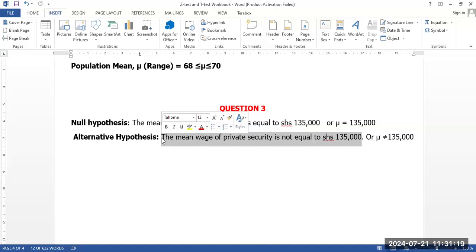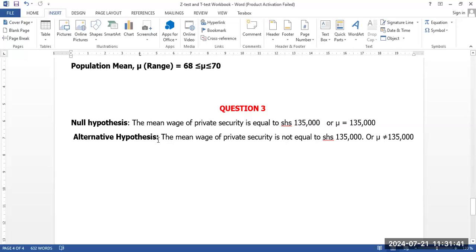You don't have the side where you should focus. Should we focus on the greater side or the lower side? At this point, you don't know. That's why I am saying you don't have the side. In a situation where you don't know whether to focus on the higher figure or the lower figure, you are dealing with a two-tailed test.